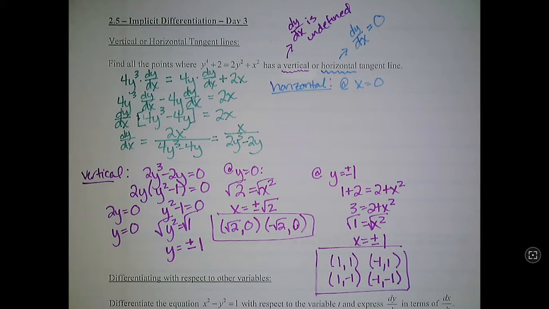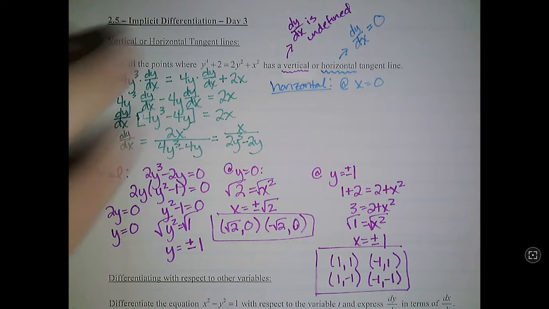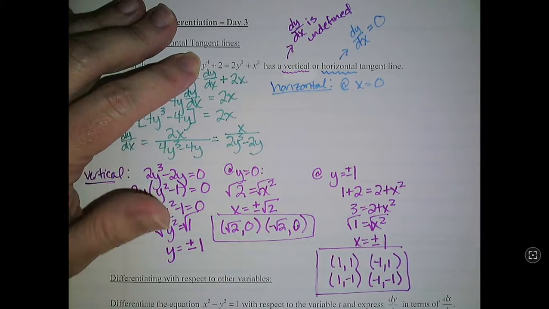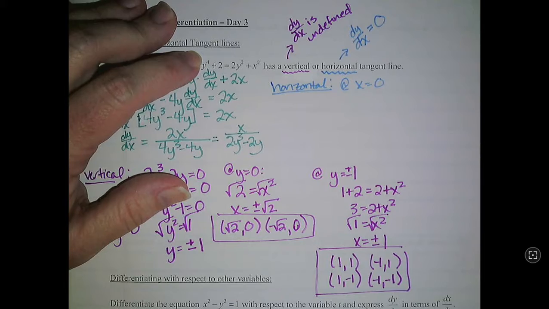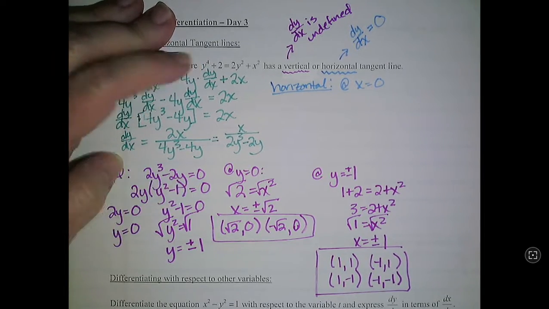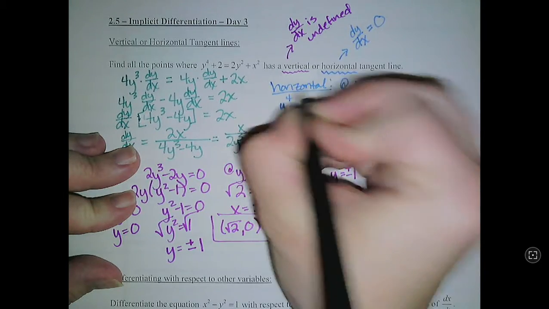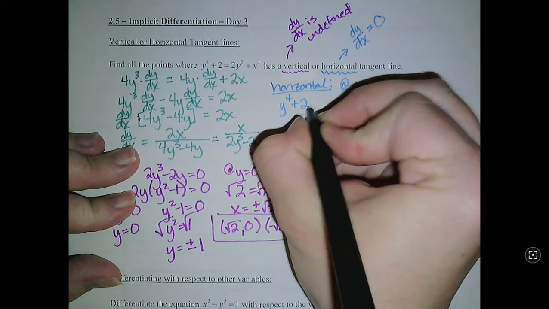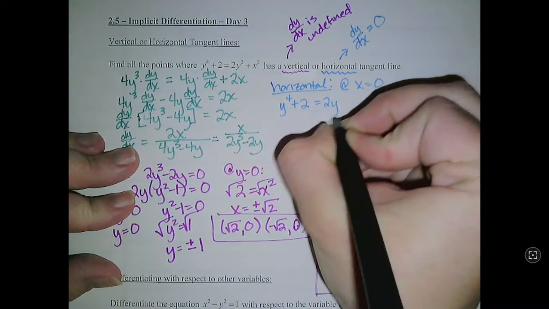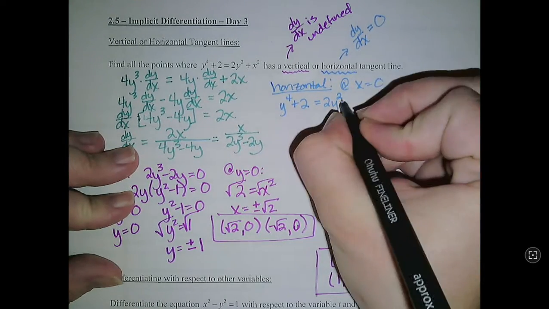So now let's find our y values, and again, to find the points on the graph, we need to go back to our original equation. So I'm going to put 0 in for x now and figure out what values I could have for y. So I would have, let's see, y to the 4th plus 2 equals 2y squared plus 0 squared, which would be 0.